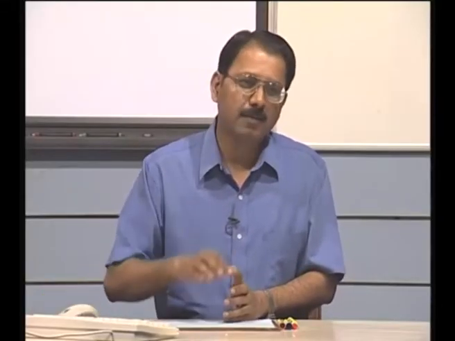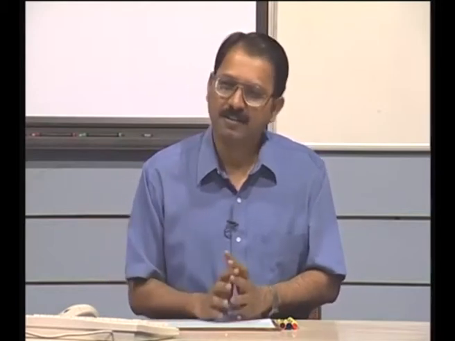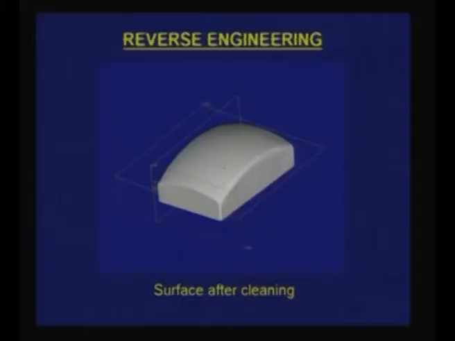Finally I come up with a geometry which meets my requirements, which has proper blends and others, and I can go and use this geometry instead. So fitting a surface to point cloud data is many a time a non-trivial process. One has to spend a lot of time to see that the geometry obtained really meets one's requirements.